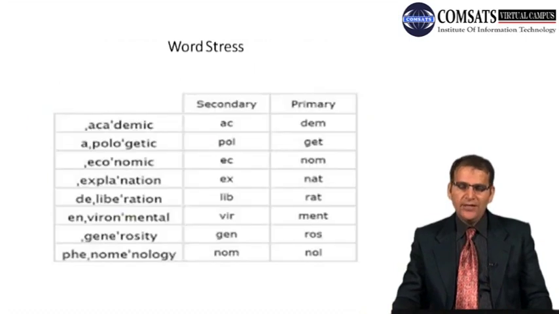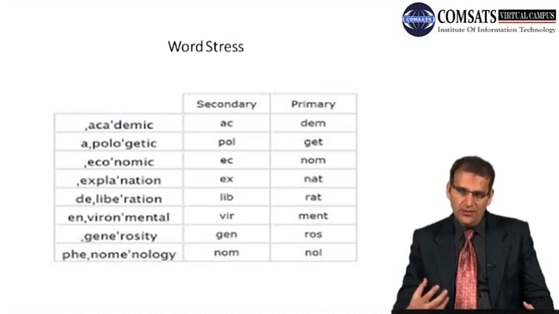Now move on, my dear students. Again, word stress. See what? Academic. Stress on second syllable, academic. You see, then what? Apologetic, right? So apologetic. There are 2 stresses. Then you have economic. Fine. Stress level is there. Then explanation.